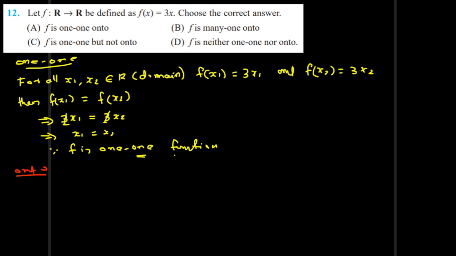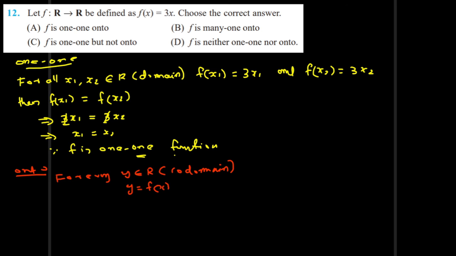Then next you have to show onto, onto or not. So for every y belonging to R, meaning the codomain, this y equals f of x.